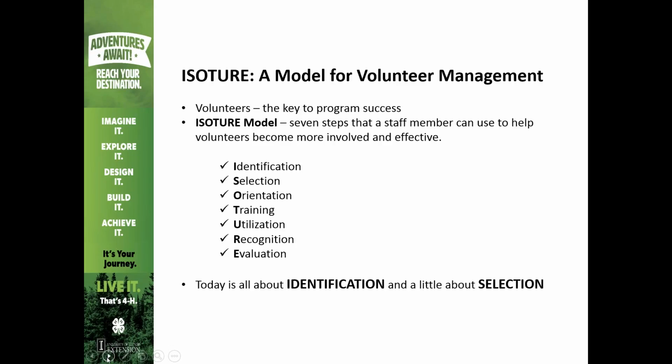So we started off, in the next slide, introducing our staff to the entire module so that they knew what was going to be coming and what they would be learning more about as they went through each of the different sessions. But for the first session, it was just identification and selection.